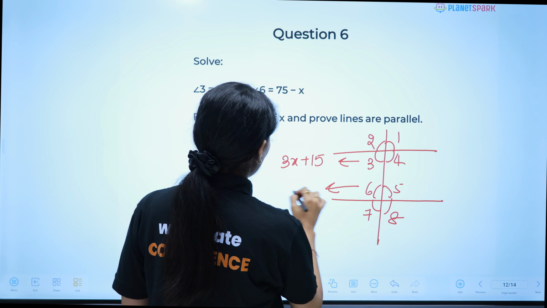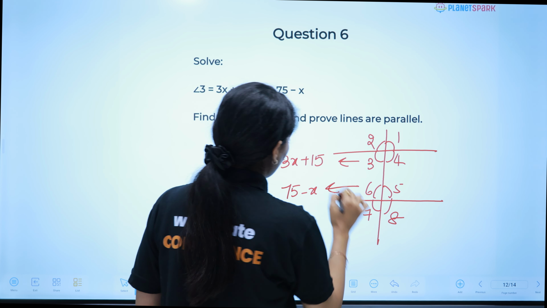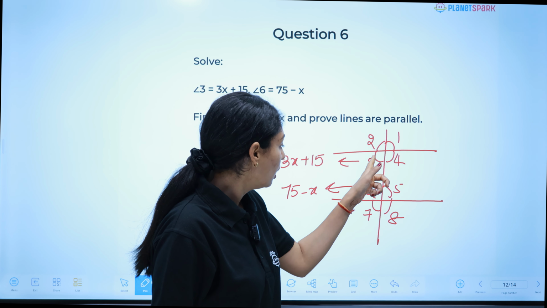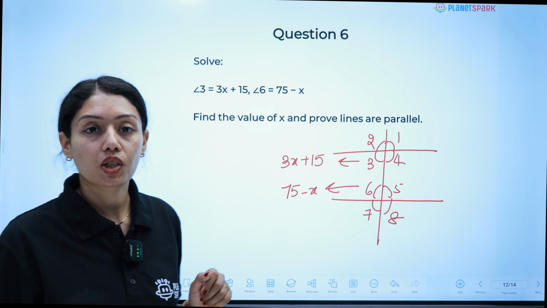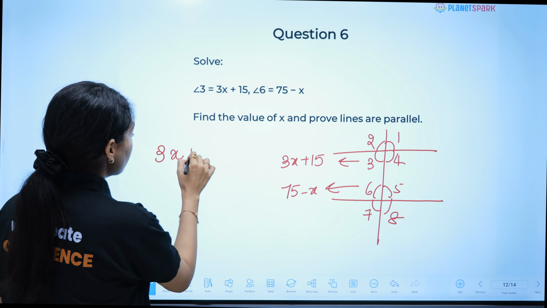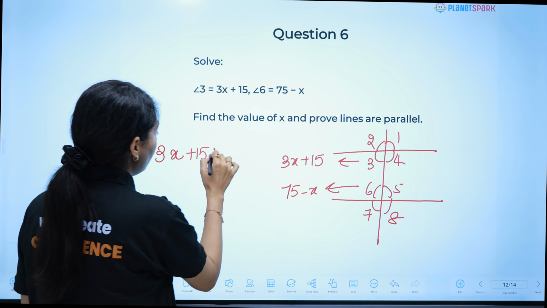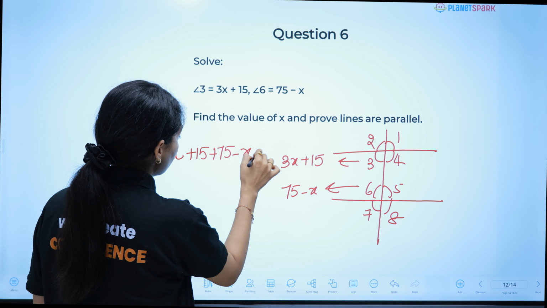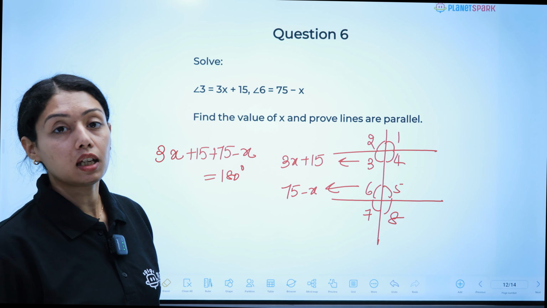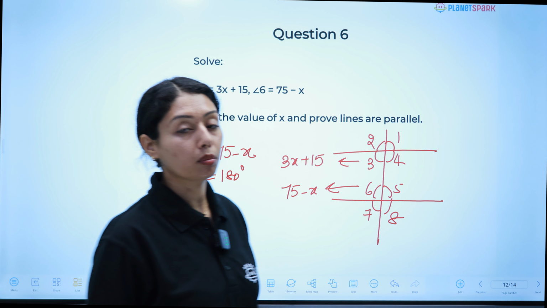Angle 6 is given as 75 minus x. Right? If we have to prove that these lines are parallel, then what should the sum of co-interior angles be? 180 degree. So let's take this sum here: 3x plus 15 plus 75 minus x. This should be equal to 180 degree. So the value of x that comes from here, for that value these two lines will be parallel.